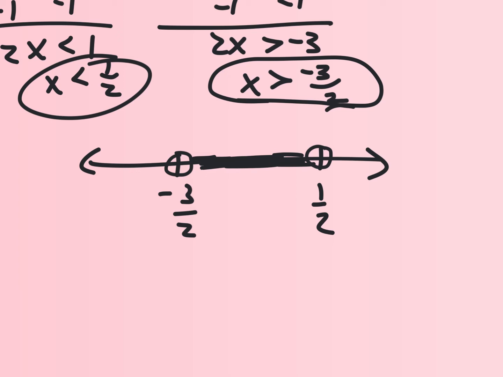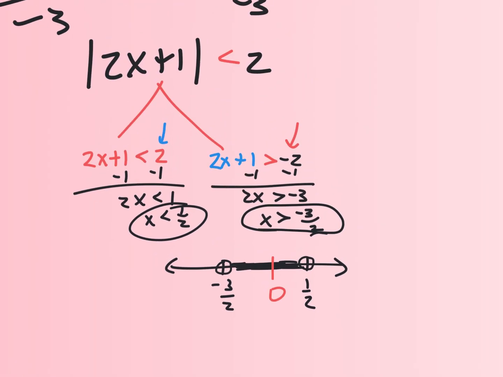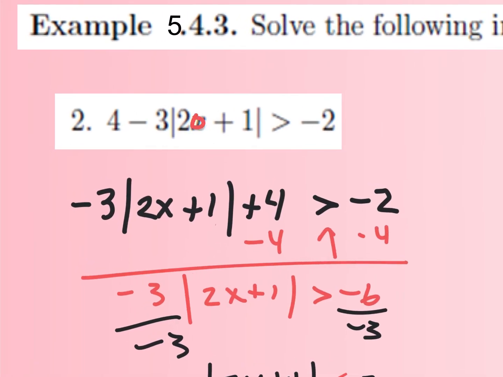What would the teachers do that just use equal signs there? What they tell the kids they have to do is test an interval. So what's between -3/2 and 1/2? 0 is. And you test the interval by going up and sticking in a 0 in the original problem. Let's see what happens. 0, 2 times 0 is 0. 0 plus 1 is 1. Absolute value of 1 is 1.